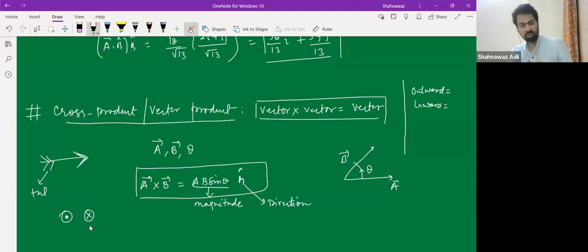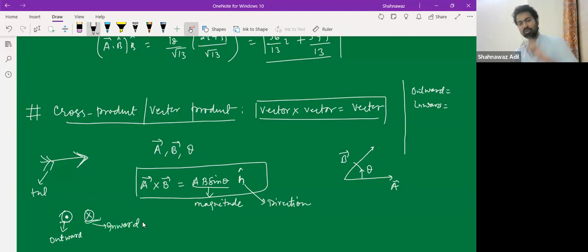Which portion will you be able to see? It will appear as a dot. Yes, absolutely correct. So coming at you is outward, and this is inward.